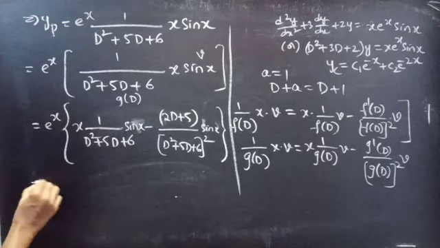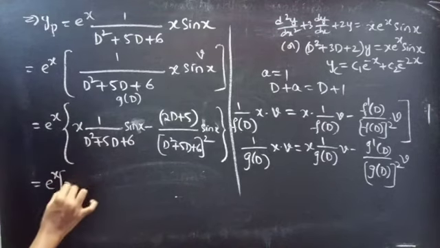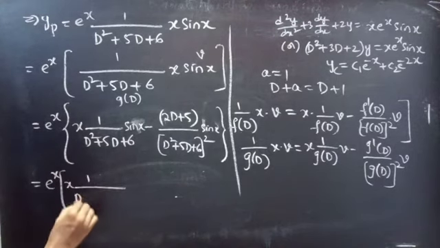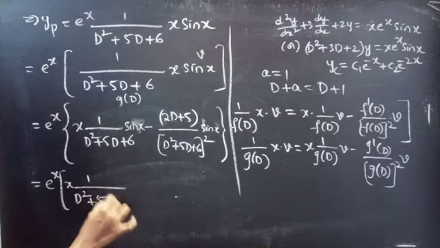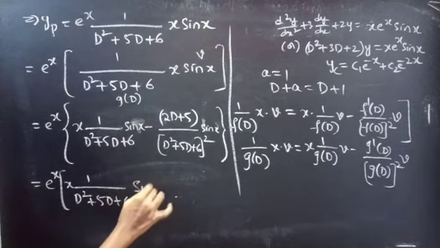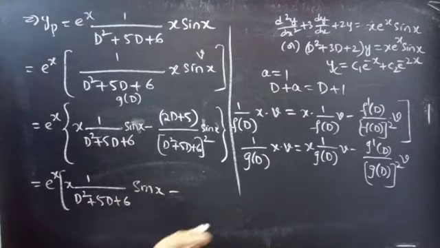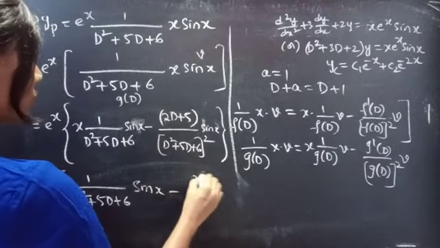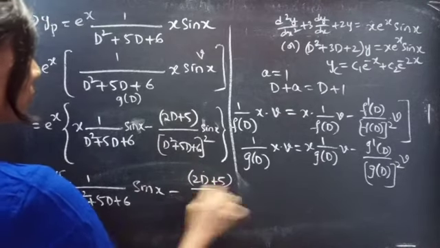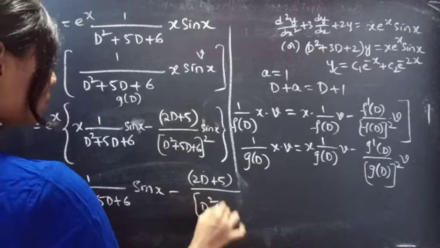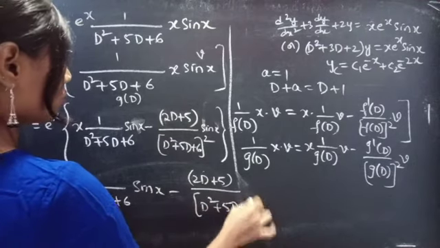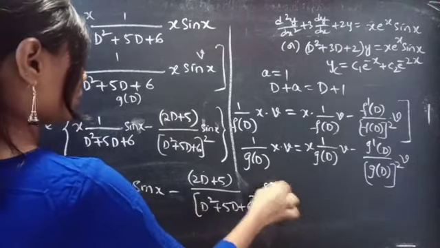This is equals to e power x into 1 by D square plus 5D plus 6 into sin x minus 2D plus 5 by D square plus 5D plus 6 whole square into sin x.